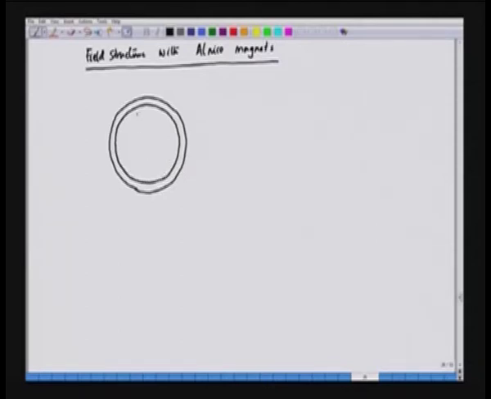And what we do here, we put the magnets, and the magnets are long magnets, and we have the pole shoes like this.